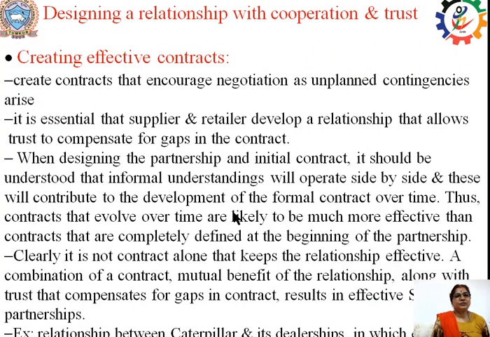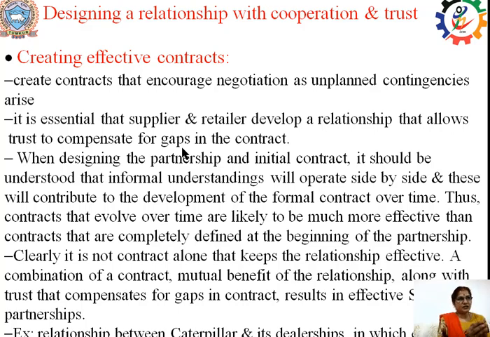Creating effective contracts. Create contracts that encourage negotiation. It's essential that supplier and retailer develop a relationship that allows trust to compensate for any contract gaps. When you do, there will be some gaps. As and when the contingencies arise, you go for filling the gap. But both of them should be ready to do that.